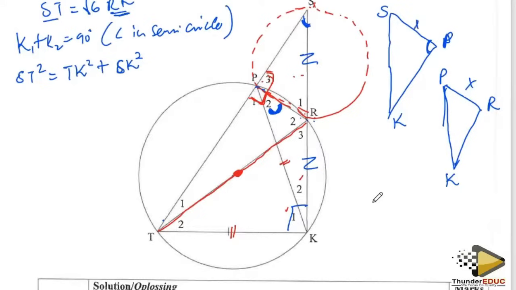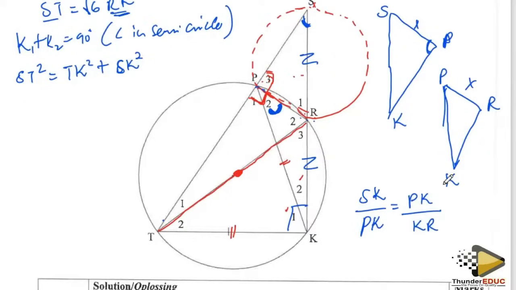Let me try to look at this. So I'm going to say SK over PK is the same as PK over KR.